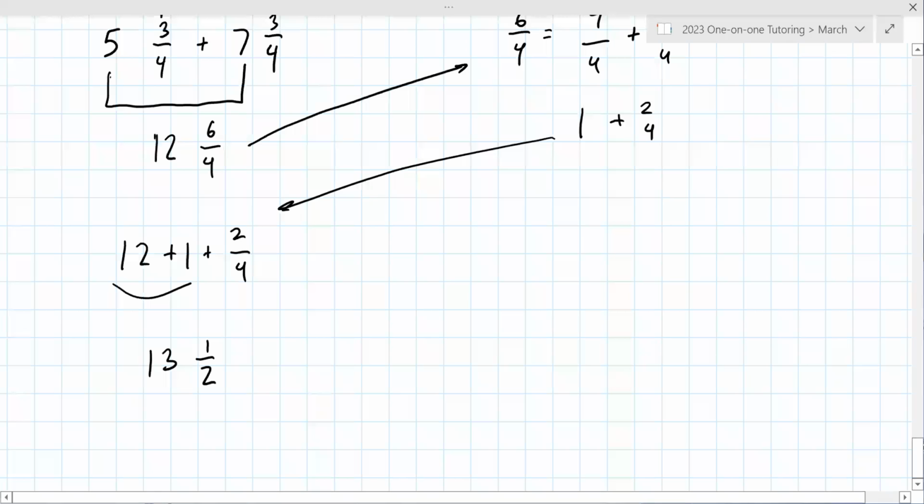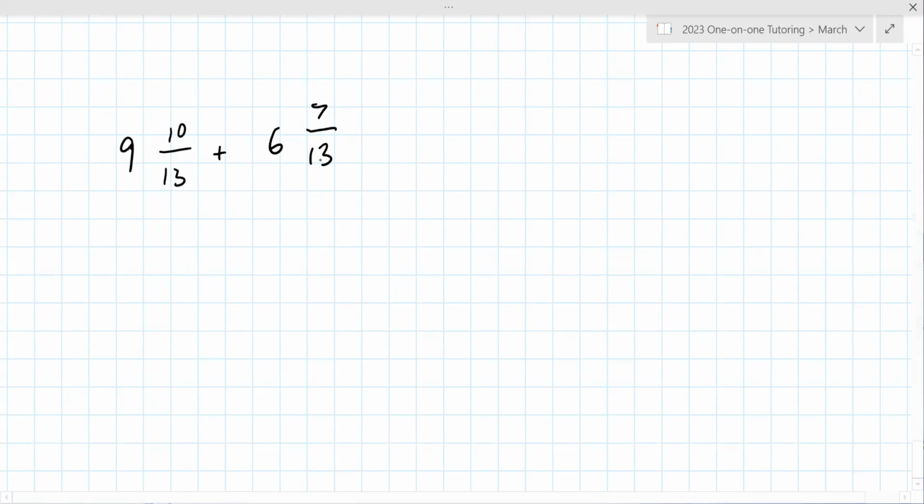Okay, let's try another one here. 9 and 10/13 plus 6 and 5 over... Let's go 8/13. No, I'm sorry, let me change that. Let's do a 7/13. Okay. So try to follow the previous problem. See if you can follow the steps here.